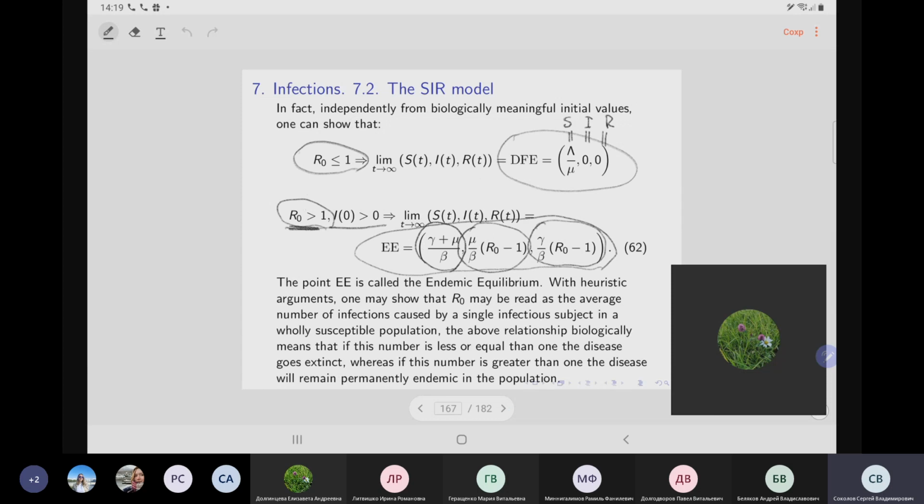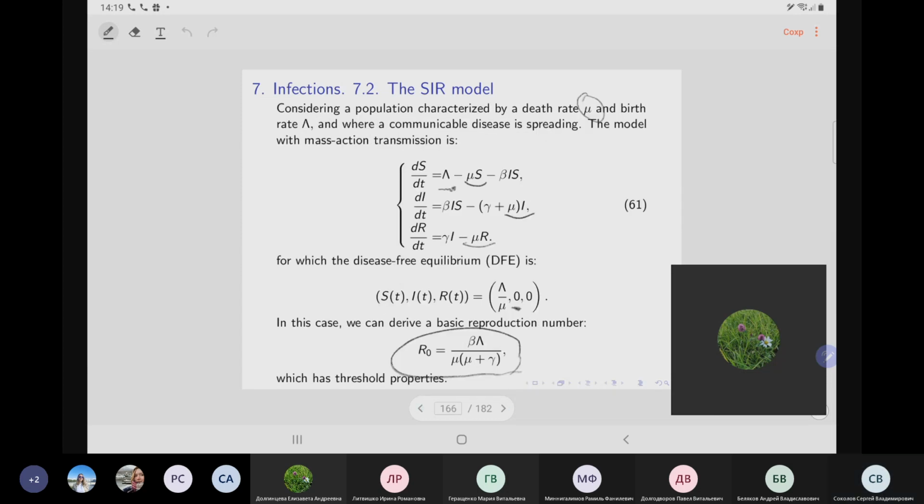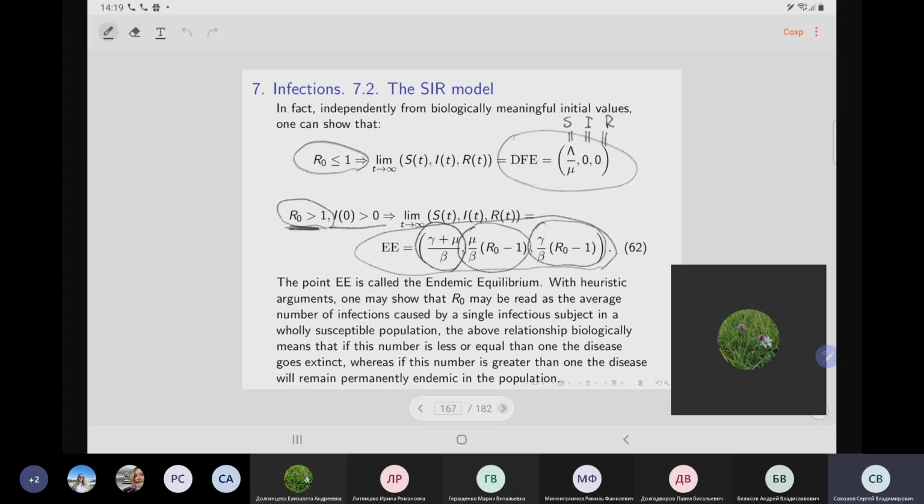We need to decrease R0. That's why, for example, we can increase gamma. If we increase gamma or decrease beta, then we have the chance of changing from our endemic equilibrium to the disease-free equilibrium.